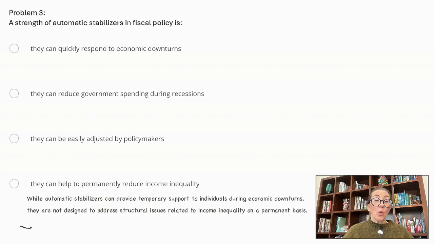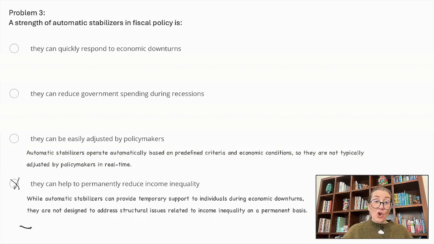Starting there, while automatic stabilizers can provide temporary support to individuals during economic downturns, they are not designed to address structural issues related to income inequality on a permanent basis. So we can cross that out. Next, automatic stabilizers operate automatically based on predefined criteria and economic conditions, so they are not typically adjusted by policymakers in real time. So we can cross that out as well.